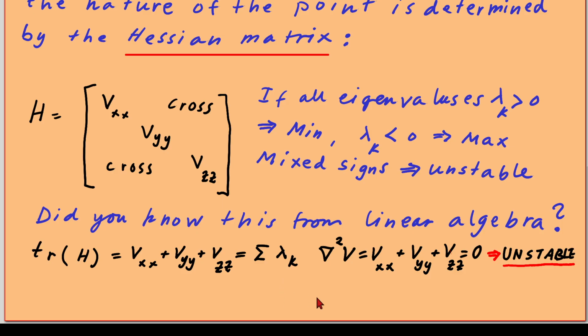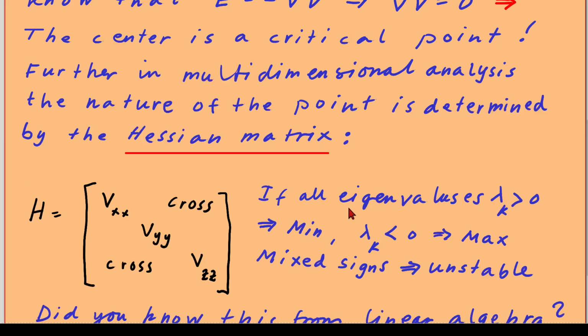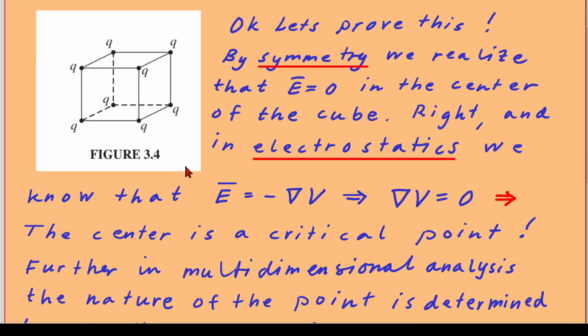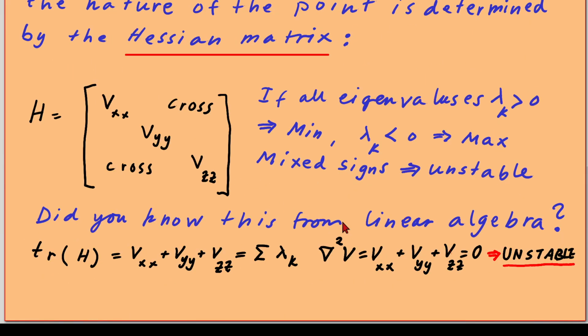But we know from Laplace's equation that nabla squared V is exactly this: Vxx plus Vyy plus Vzz. And if we look inside at the point in the middle here, there are no charges inside a volume, a sphere, for example. So Laplace's equation equals 0.